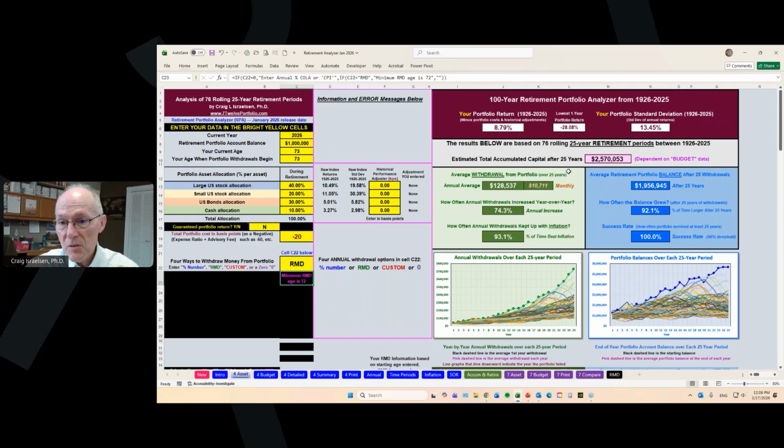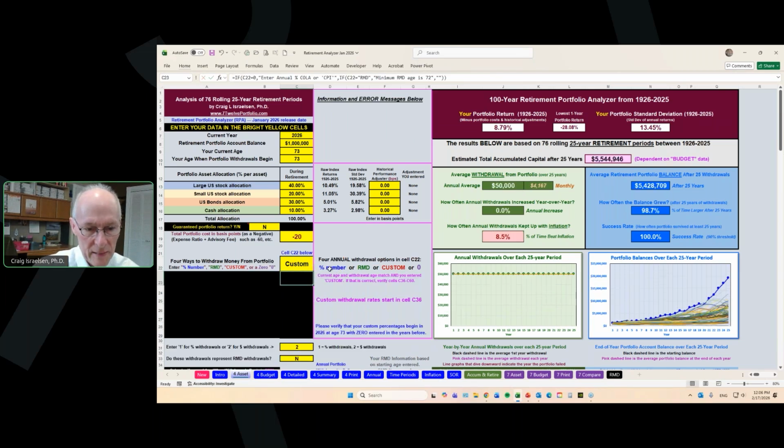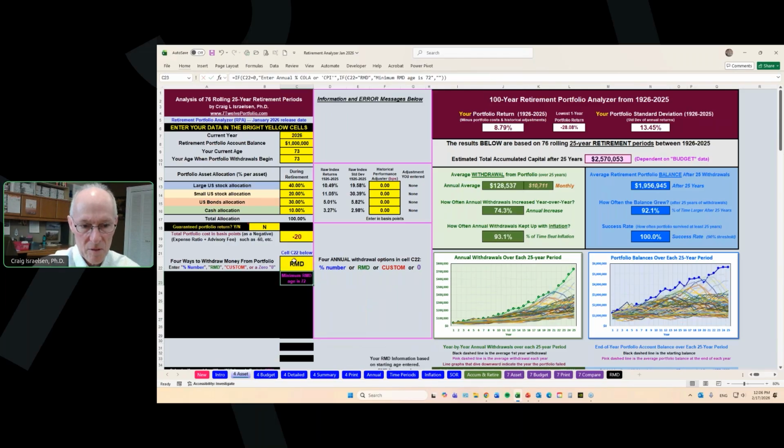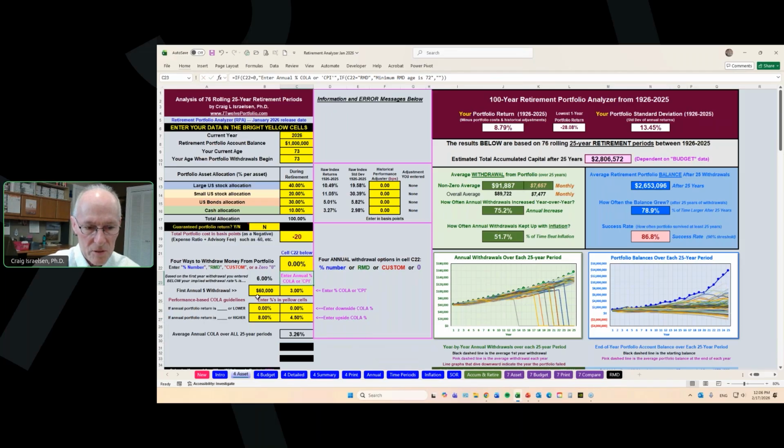It was 2.6 million. The other option as to how you dictate money being withdrawn is to enter the word custom. So you have 4 options. You can enter percentage, like 4, or you type in RMD, just the letters RMD, or you type in 0, which we just did, and that gives you this control over the cash, hard dollar withdrawals.